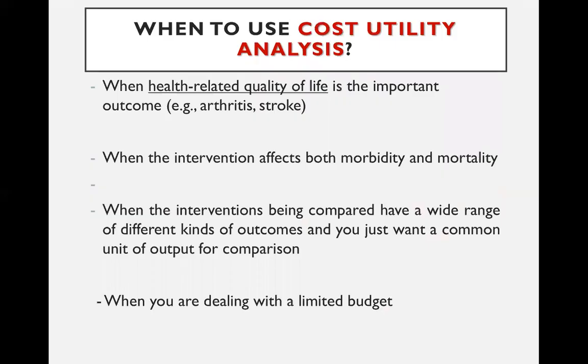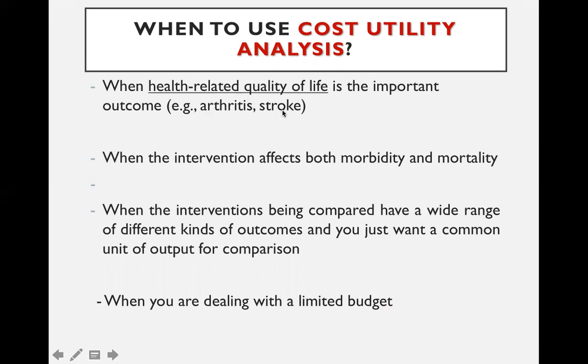So when do we use cost utility analysis? When looking at a certain condition, you're more concerned with the quality of life of that person. For example, a person living with arthritis may live up to 70 or 80 years old, but if he or she has a poor quality of life, then that person has low quality.